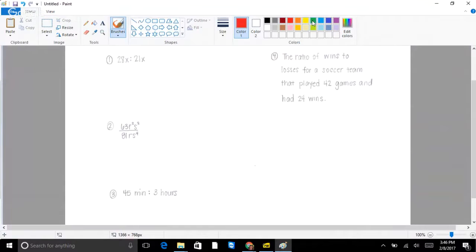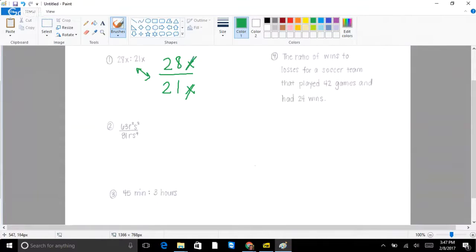Example number 1, we have 28x to 21x. We want to simplify this ratio to simplest form. I like to simplify using fractions because we're used to fractions, right? 28x to 21x. These are the same ratio. We say it the same way, but they're just written in different formats.